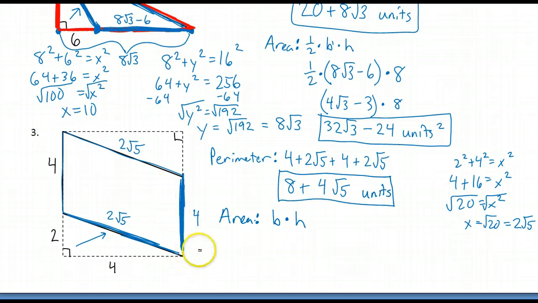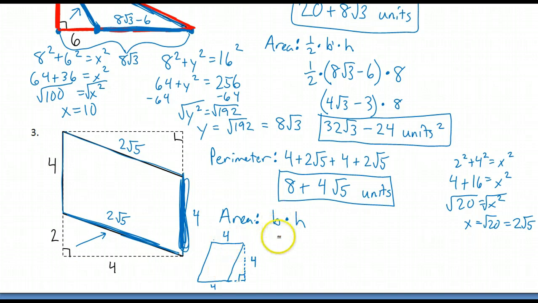If I rotated this parallelogram and rewrote it like this, the base of the parallelogram would be 4, and the height would be this length right here, 4. So my area is going to be 4 times 4, which is 16 units squared.